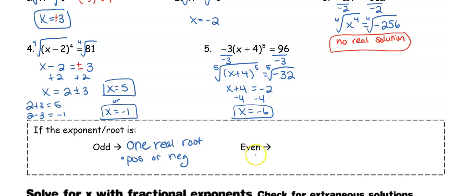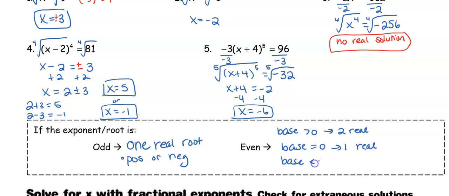If the exponent or root is even, so if the base is greater than 0, you're going to have two real roots, or two real solutions. If the base is equal to 0, you're going to have one real. And if that base is less than 0, so it's negative, you're going to have 0 real. You are going to have imaginary solutions. But don't worry, we're not going to worry about finding those imaginary solutions. We're just going to say no real solution like we did above.